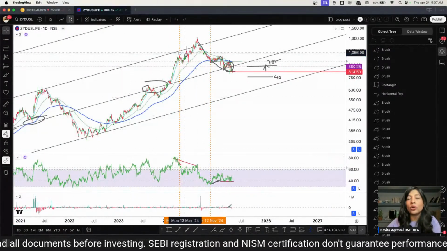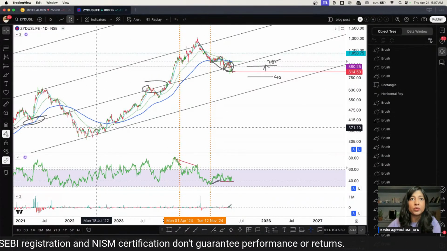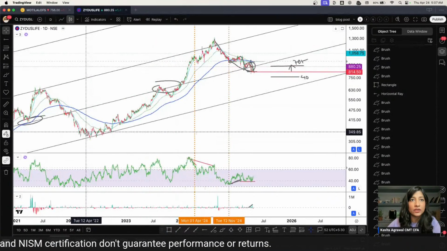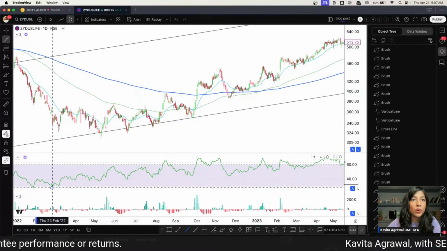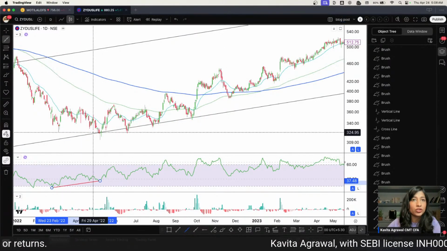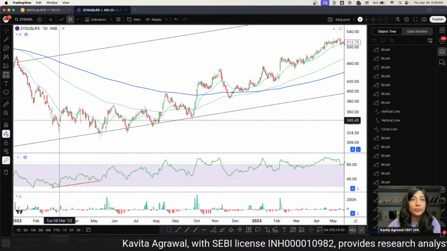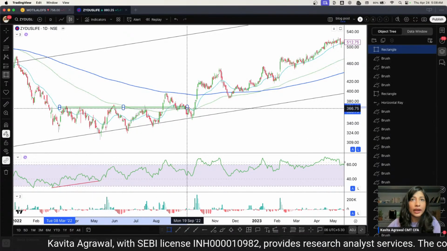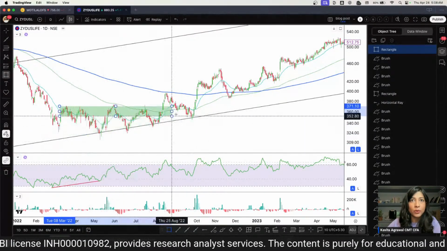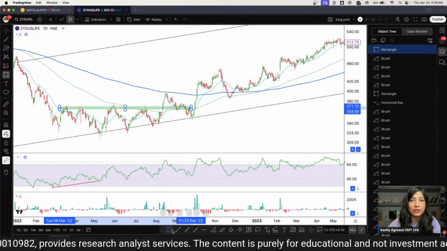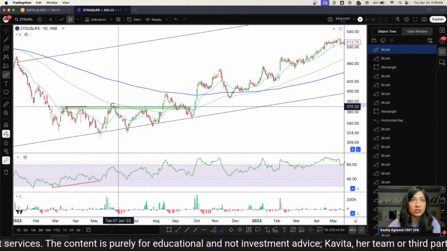In order to assess how the stock reacts around reversals, it is prudent to study a previous reversal. Here also, a positive divergence got forged way before the price created a bottom. As the price created a bottom, the RSI showed a positive divergence. And then what happened? This high was breached here.